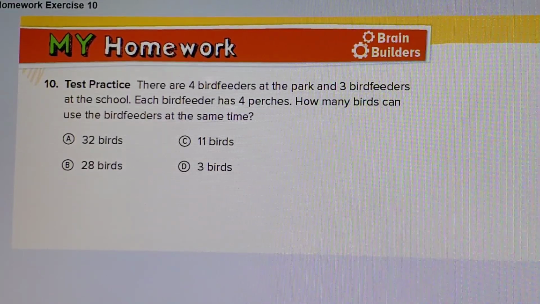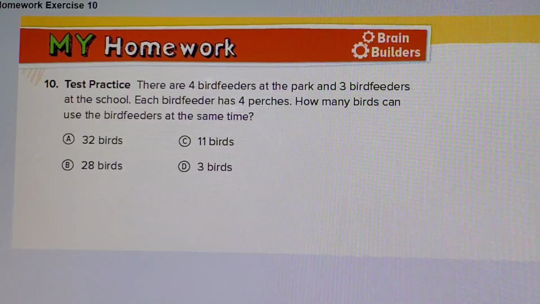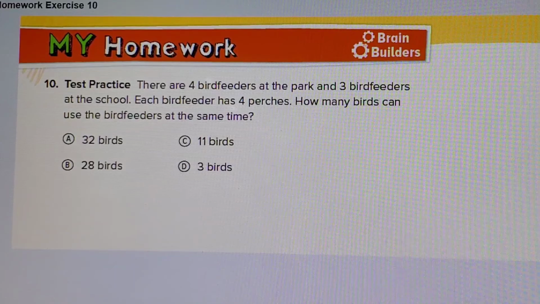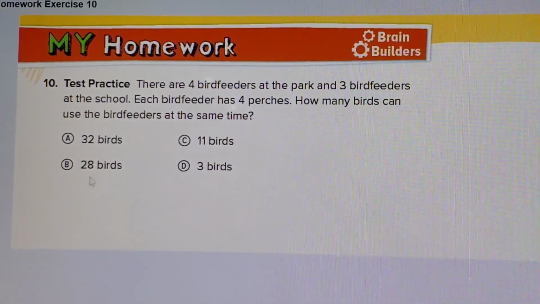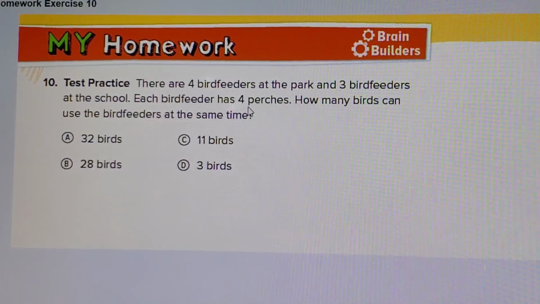Test practice. Number 10. There are 4 bird feeders at the park and 3 bird feeders at the school. Each bird feeder has 4 perches. How many birds can use the bird feeders at the same time? So you're going to start with 4 bird feeders times 4.